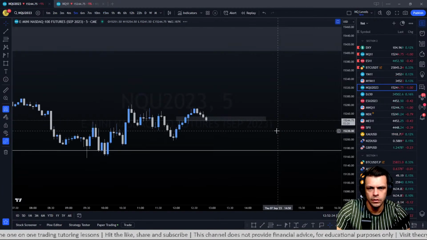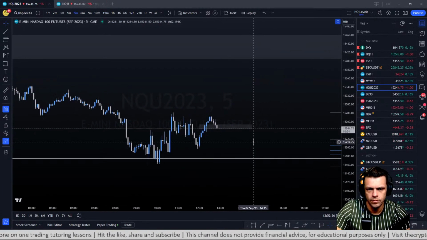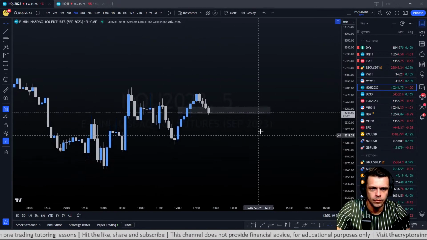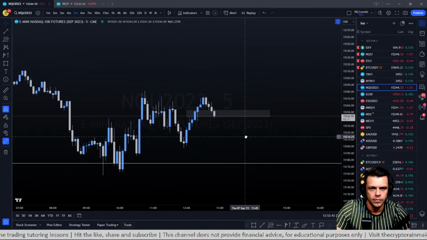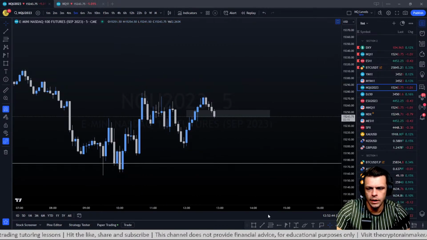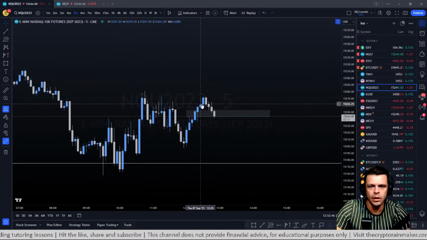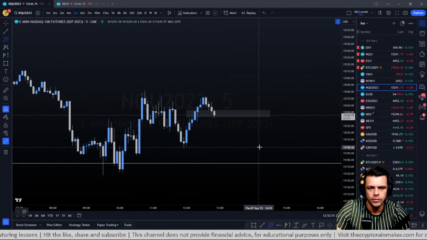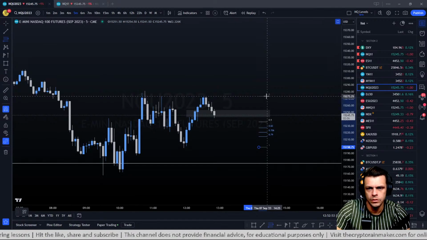Yeah, let's quickly have a look at the 5-minute. Okay, so there was a bit of a gap. Took out this low and then displaced above this high. So we need to get a fib on this.